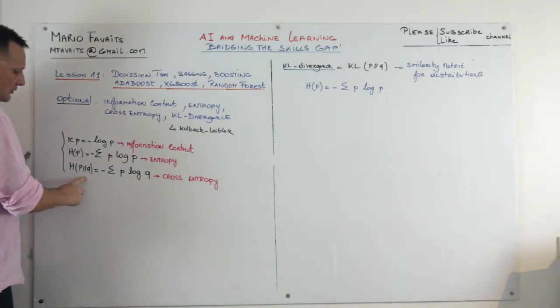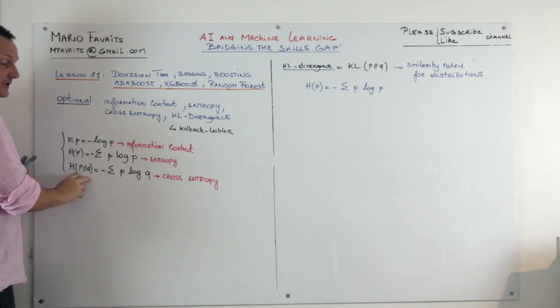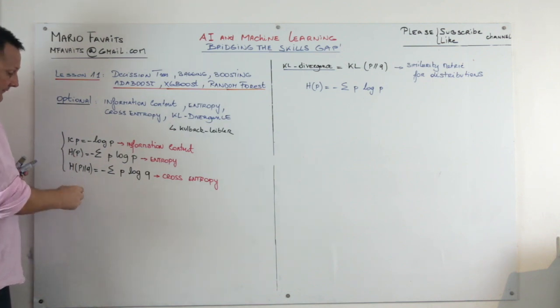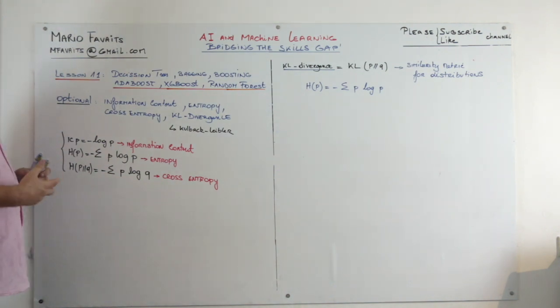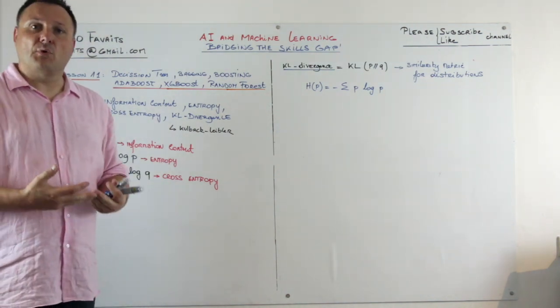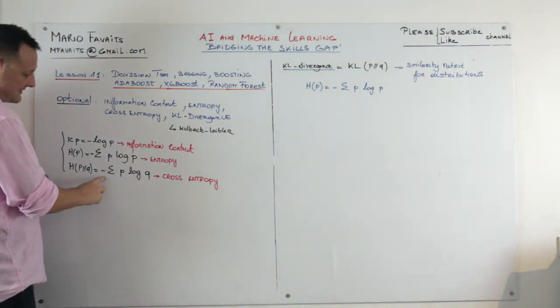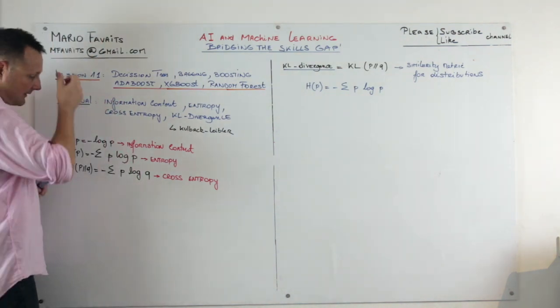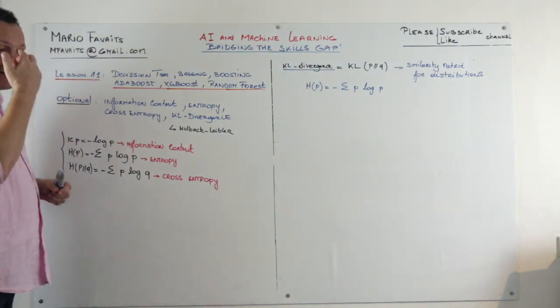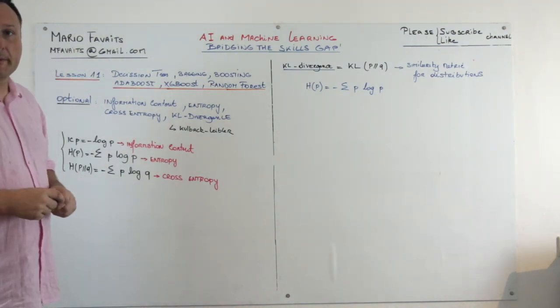And then we define cross-entropy, and here we have two distributions. We have P, that is the true distribution, and Q is a distribution that we use to approximate P, right? So this is given by this formula, and it basically gives a distance between two probabilities.